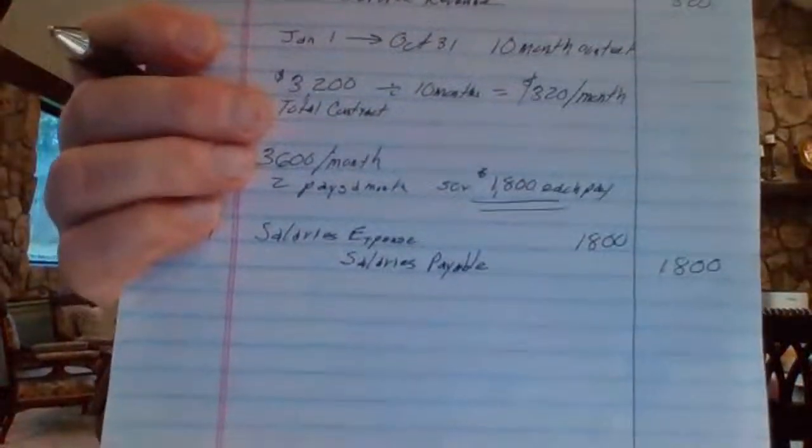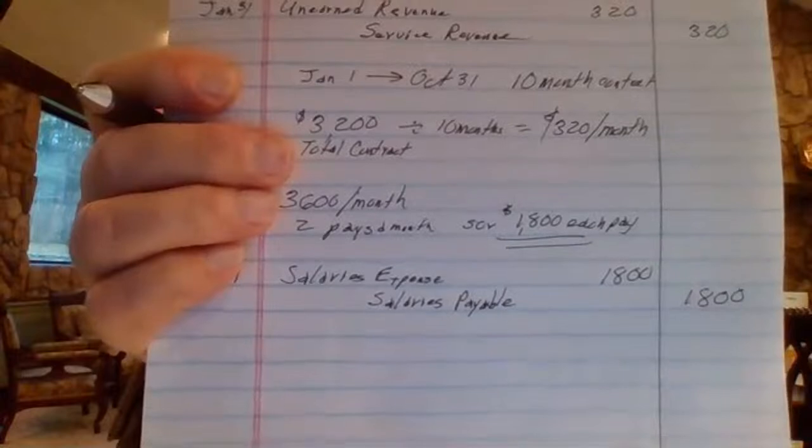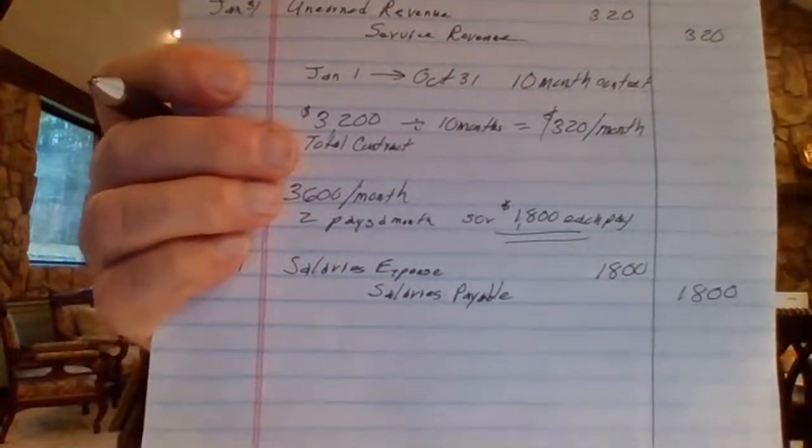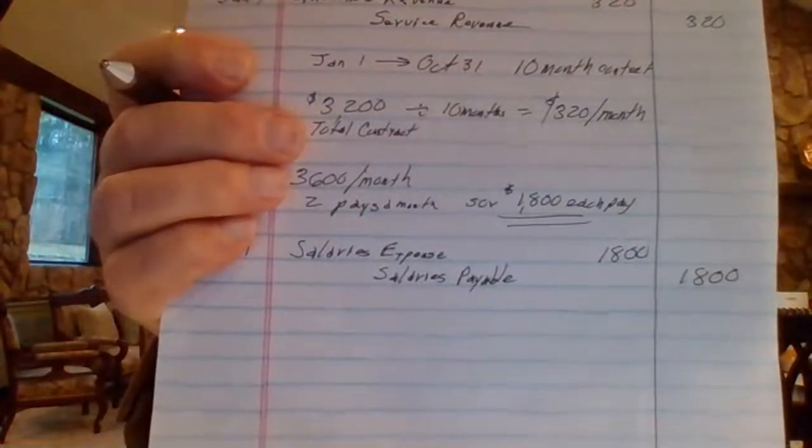They'll be paid the next day, February 1st. But if we're doing financial statements, salaries would be out of whack, and the liability, salaries payable, would be out of balance. Both would be understated if we didn't do the adjusting entry. So there's the adjusting entry. Increase salaries expense with a debit of $1,800. Increase the liability salaries payable for $1,800.